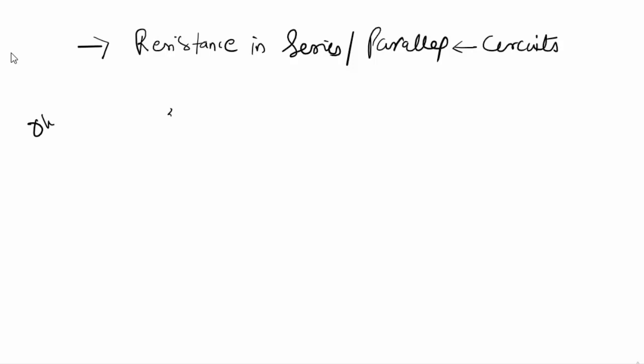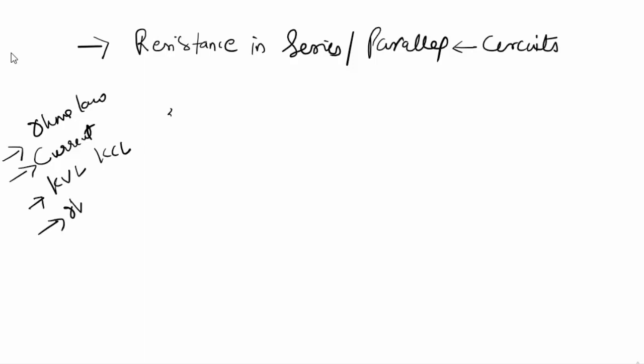So previously we have seen Ohm's law, we saw about current, we also solved the problems related to KVL, KCL, and Ohm's law. Then again I covered something about the vector, and all those were in the previous lectures.